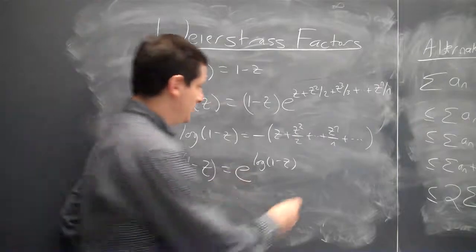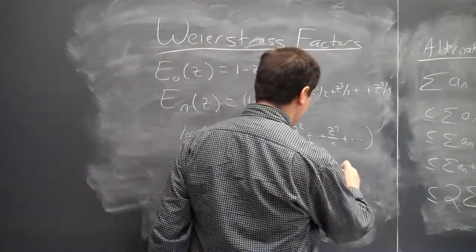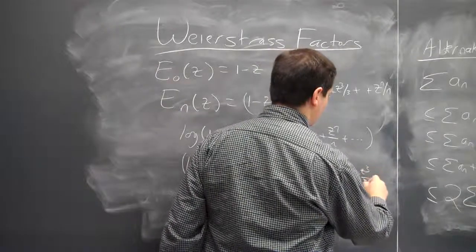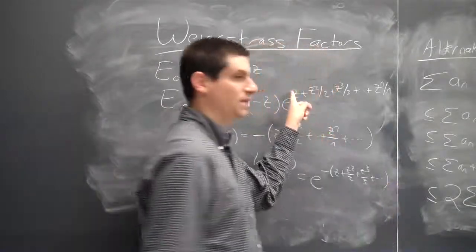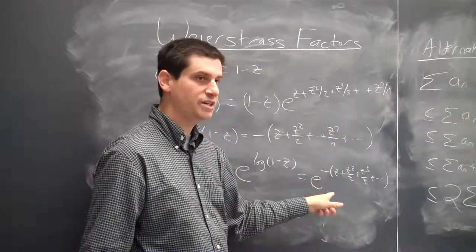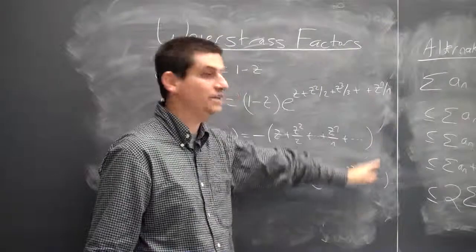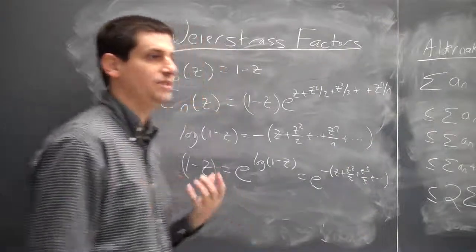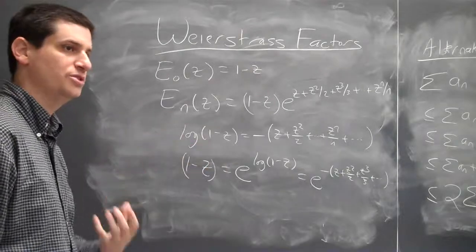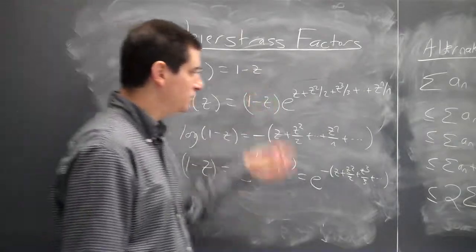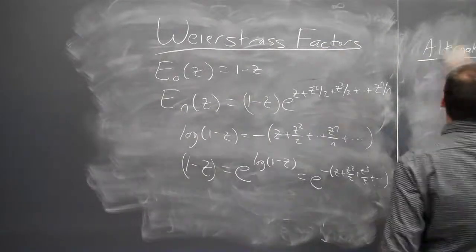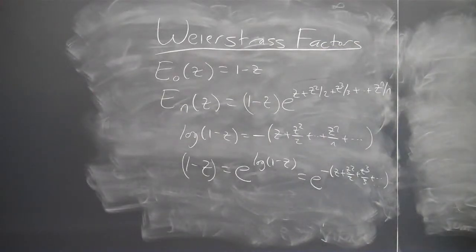When I expand, this would be e to the negative z plus z squared over 2 plus z cubed over 3, and here I have a plus sign. So when I multiply them together, I add the exponents. And the first n terms cancel. And I'll have a sum of z to the n plus 1 over n plus 1, plus z to the n plus 2 over n plus 2, dot dot dot. So their product should be very close to 1. So the question is, can we quantify how close to 1 it is as a function of n?